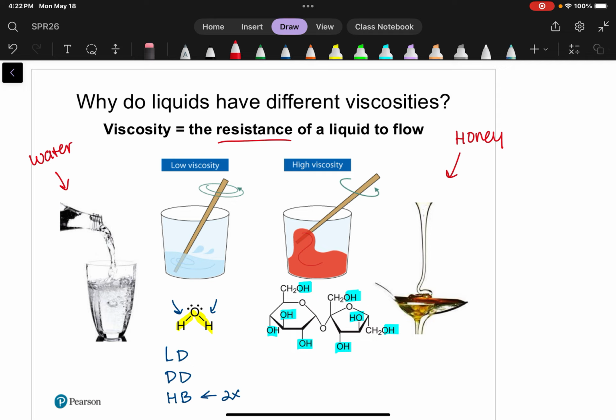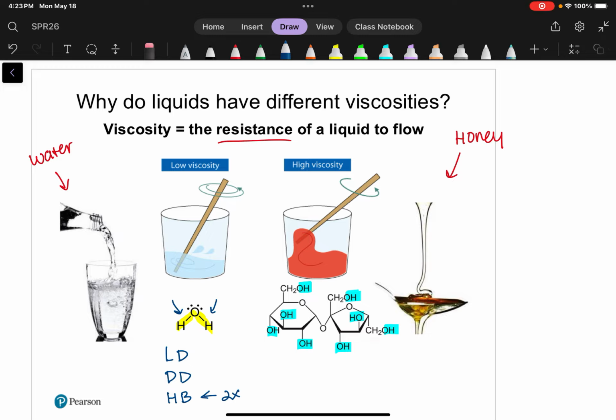In fact, let's count. 1, 2, 3, 4, 5, oops, I just lost count. 1, 2, 3, 4, 5, 6, 7, 8. So that's 8 opportunities for hydrogen bonding. That's quite a bit, right? And we said that these are additive. So the more intermolecular forces something exhibits, the stronger those forces are going to be overall, because you've got so many of them, and some of them are stronger than others.